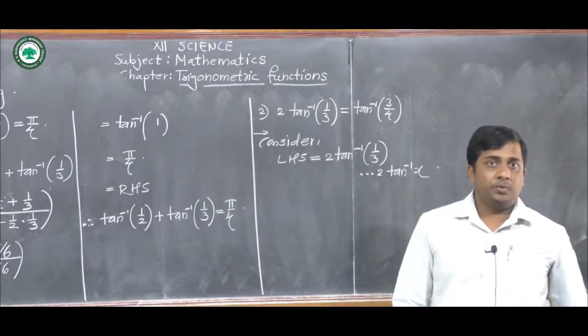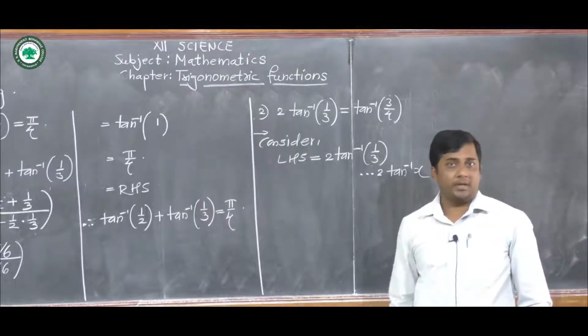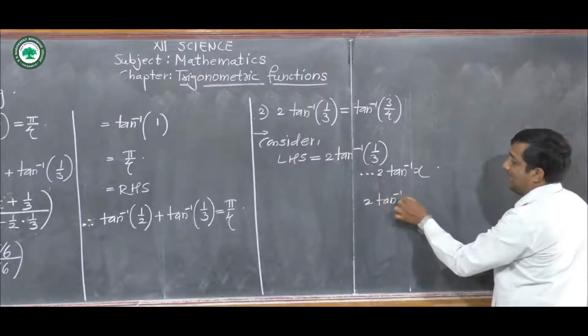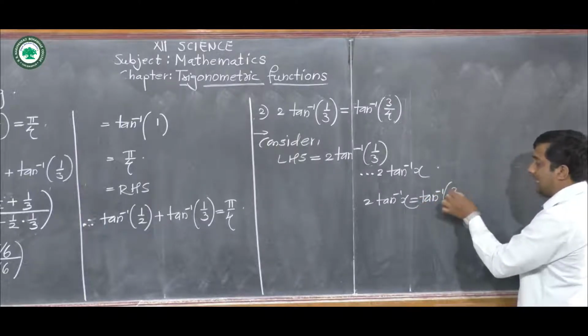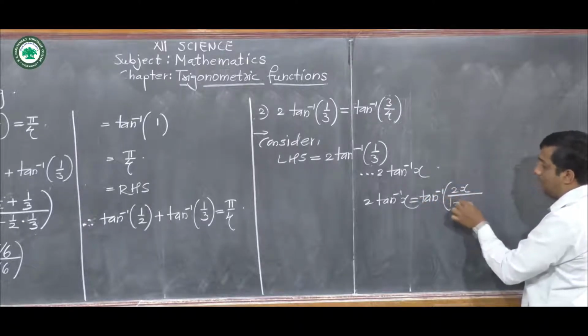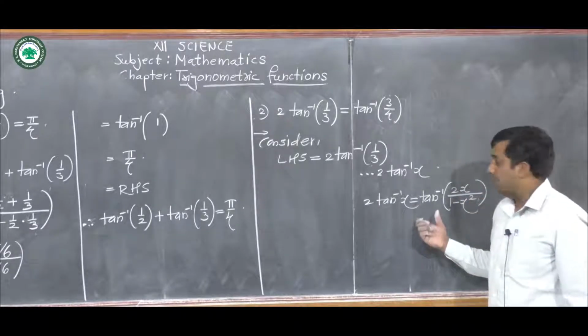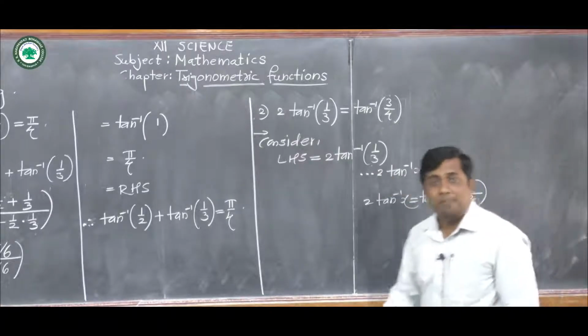We know our property number 6, and in that our third point, I repeat the property: 2 tan inverse of x is equal to tan inverse of, inside the bracket, 2x upon 1 minus x square. We see this in property number 6, so we use the same property in this example.